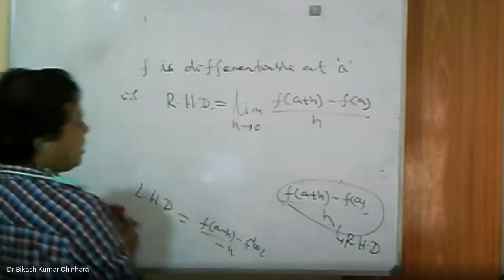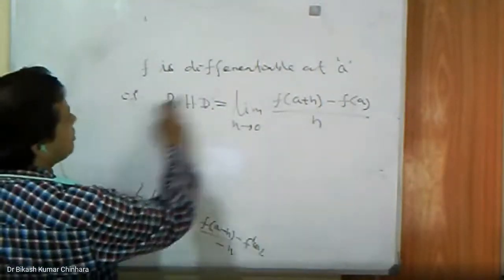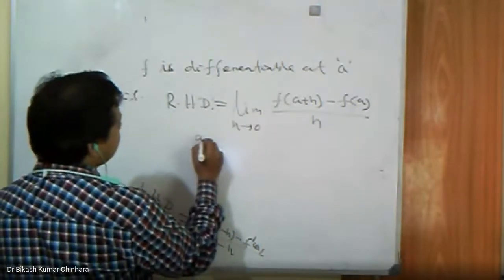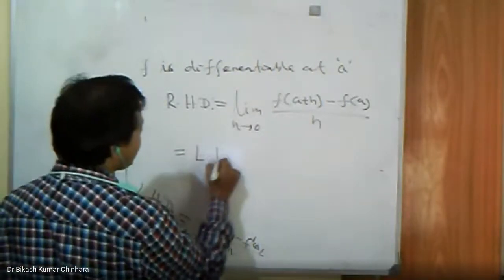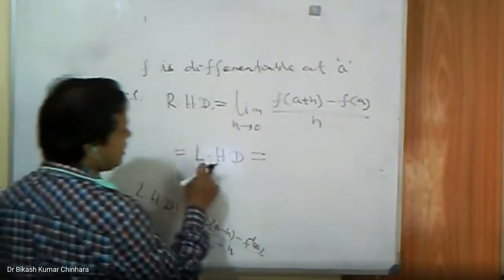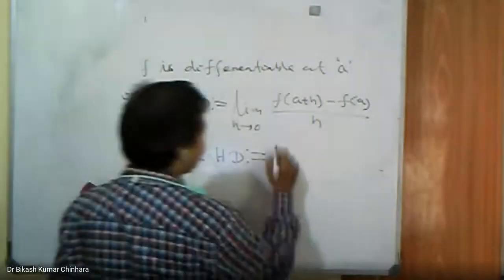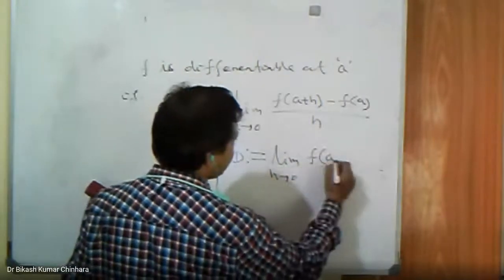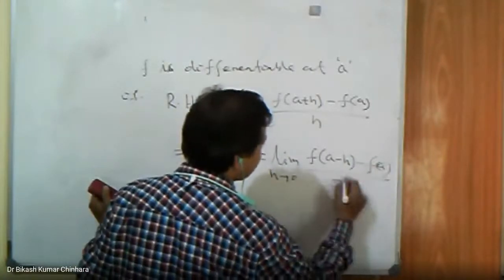And this is defined for LHD, the left hand derivative, which is equal to LHD, and if it is coinciding with this quantity, the limit h tends to 0 of f of a minus h minus f of a divided by minus h.